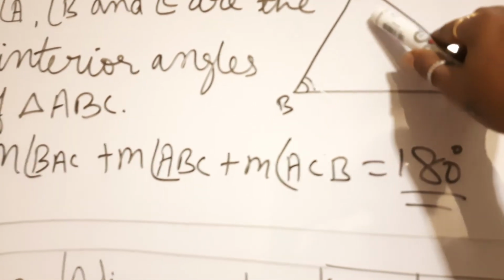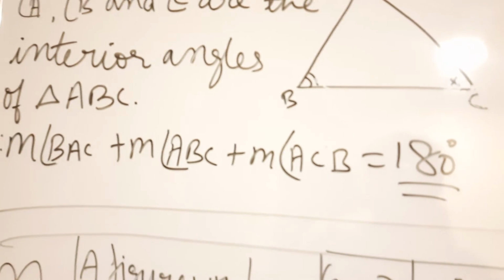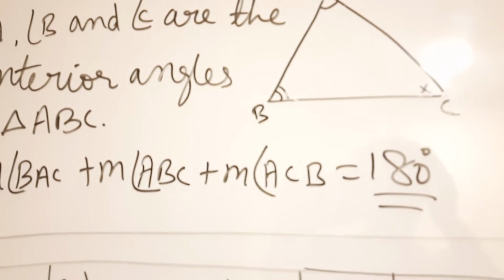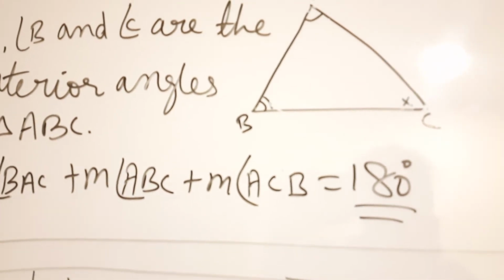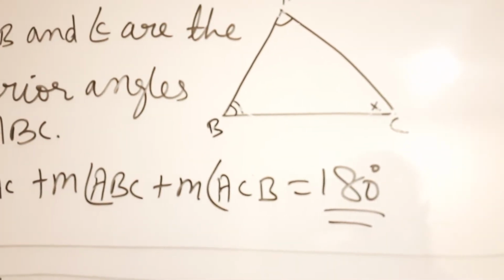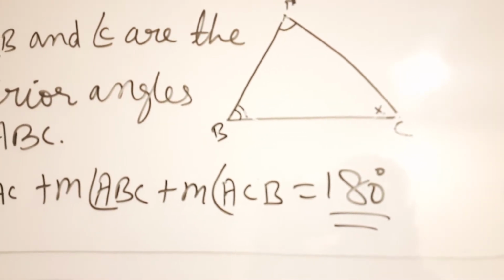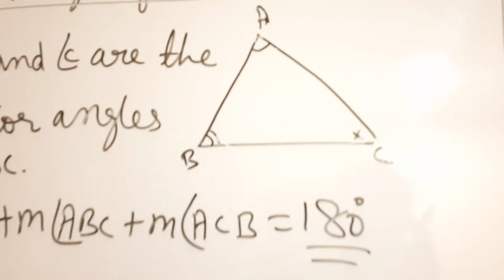So these 3 interior angles together should give you 180 degrees. Keeping this in mind, children, we are going to understand many other polygons.